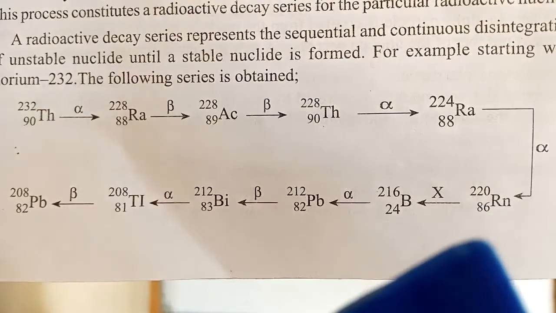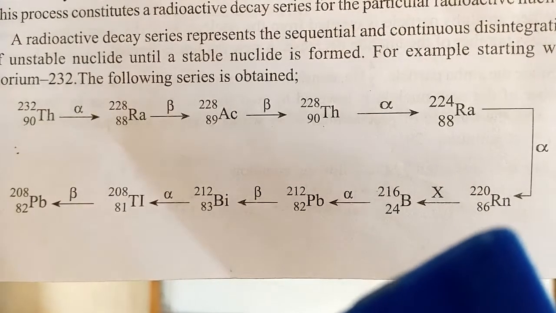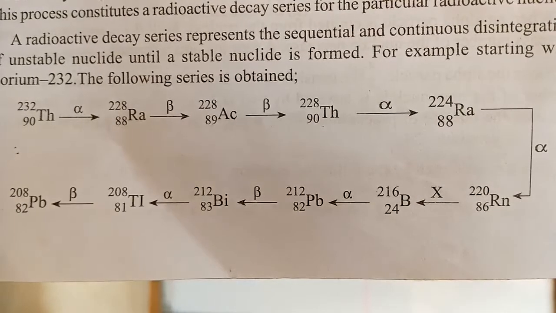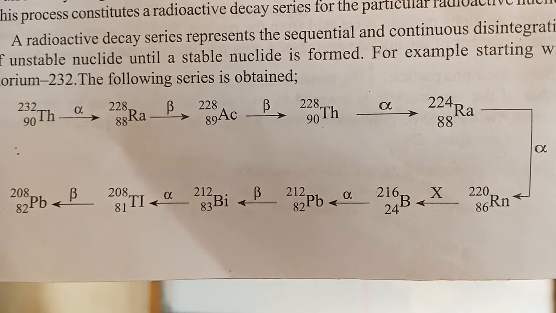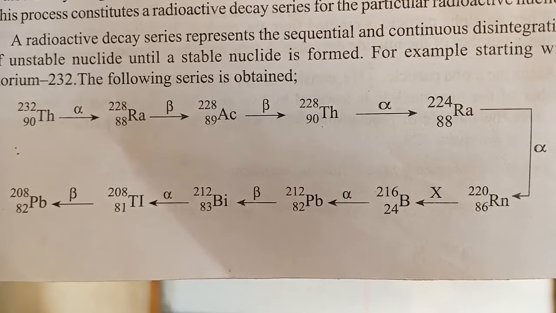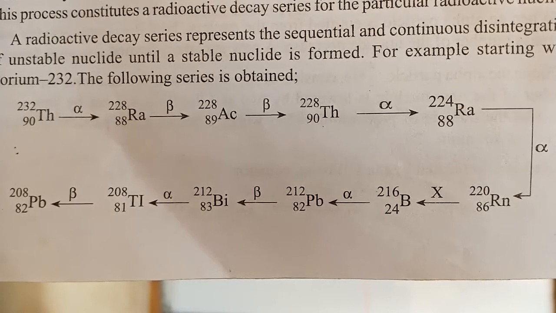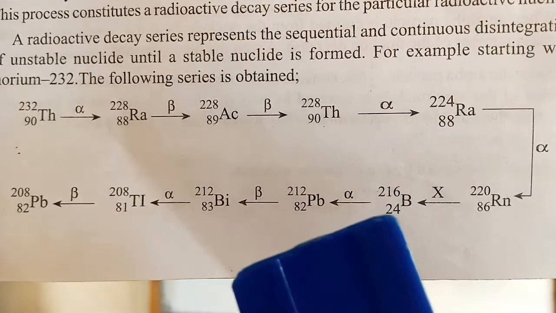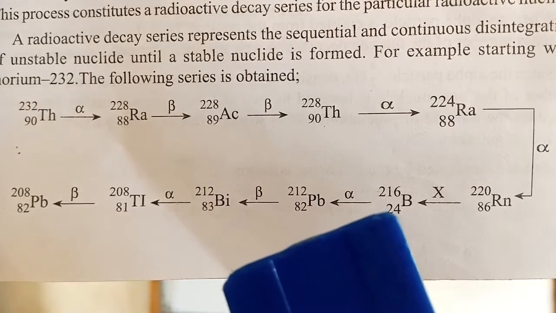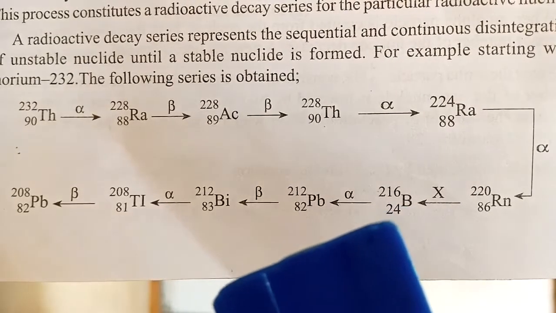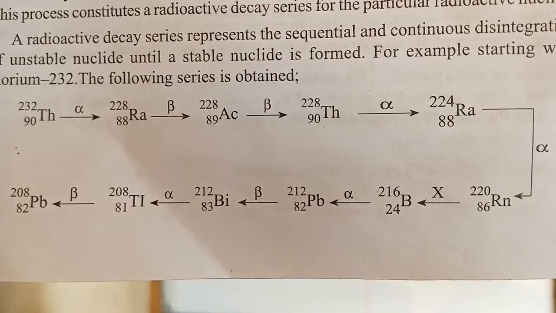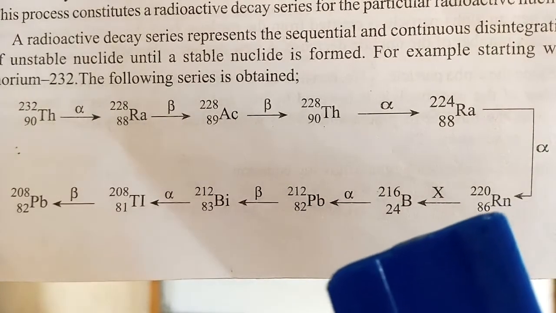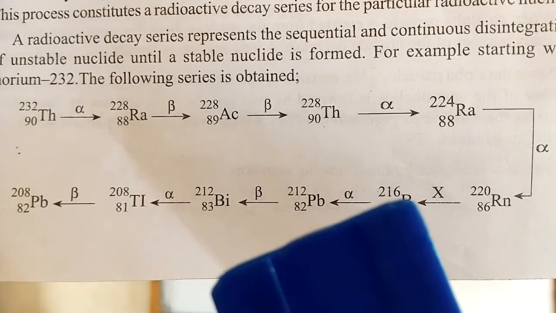That emits an X particle there, so it has been left for you to identify which particle that is. Now you can identify that, though there is a mistake here. This should be 84, not 24. So in this case, from 220 to 216, that is an alpha.